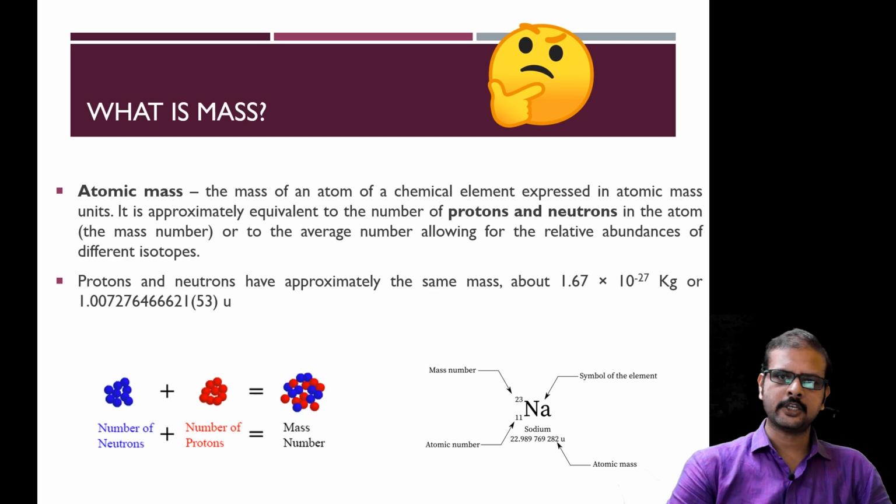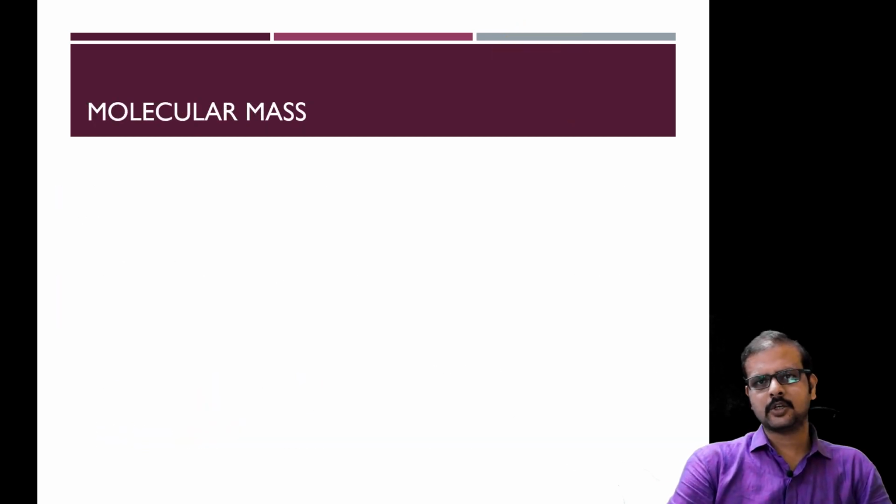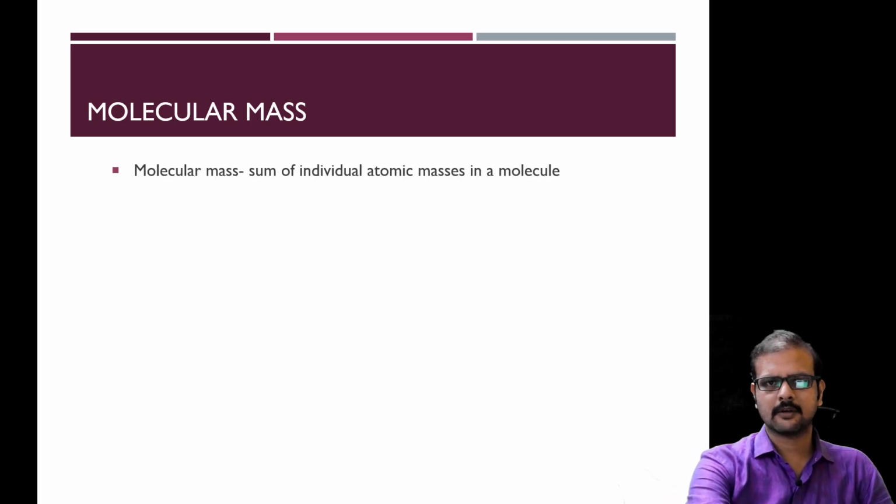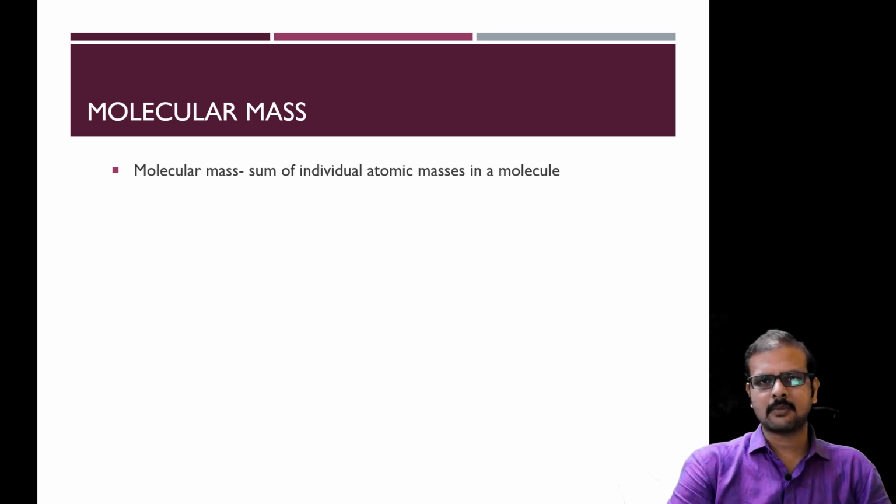So what about the molecule? A molecule is made up of atoms. Therefore, the molecular mass of a molecule depends on the atomic masses. That is, the sum of the atomic masses of the individual atoms present in a molecule will give the molecular mass.